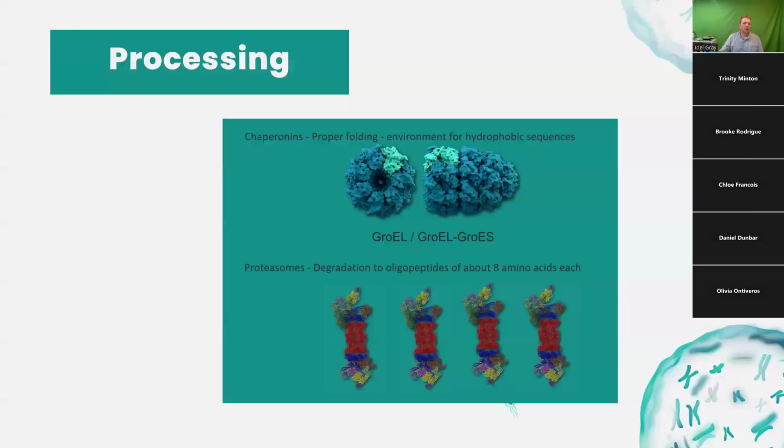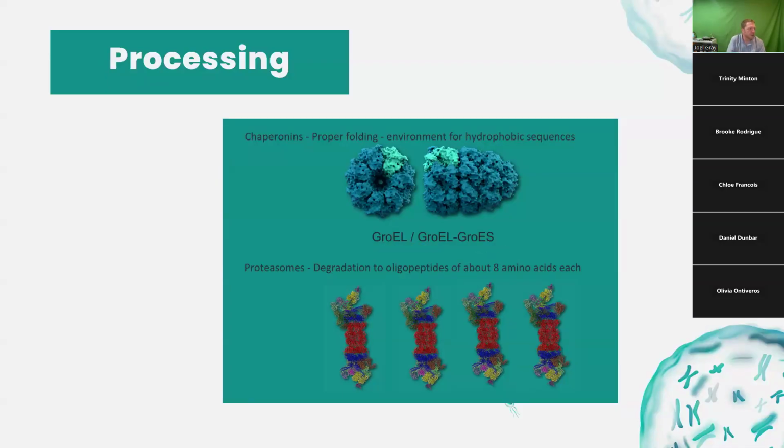Now, when it comes to proteins and the processing of proteins, chaperonins are classes of proteins that basically help a protein fold properly. One example of a chaperonin is known as the GroEL-GroES complex.